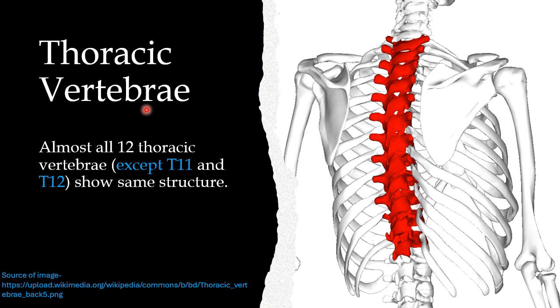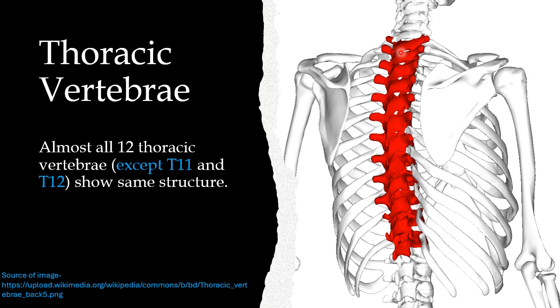In humans, there are 12 thoracic vertebrae and they are intermediate in size between the cervical vertebrae and lumbar vertebrae. They increase in size going towards the lumbar vertebrae, with the lower ones being much larger than the upper ones.